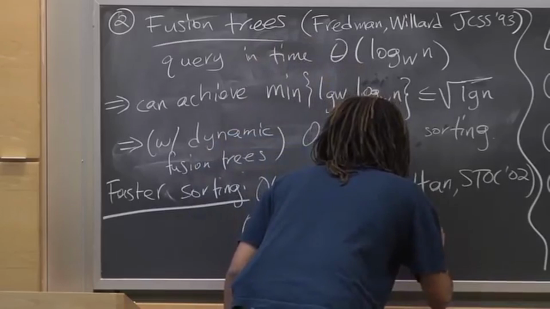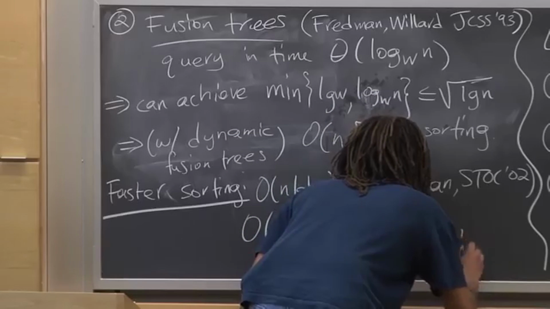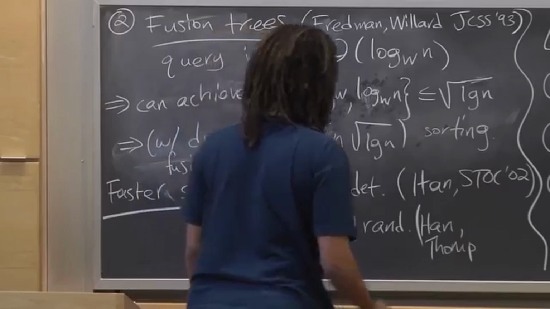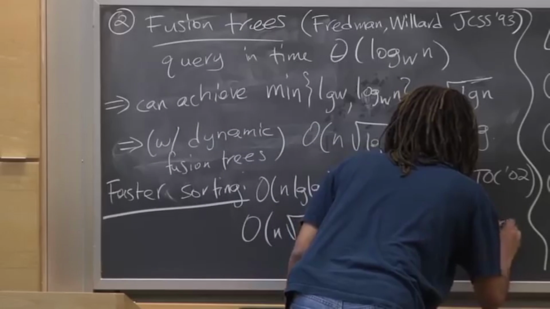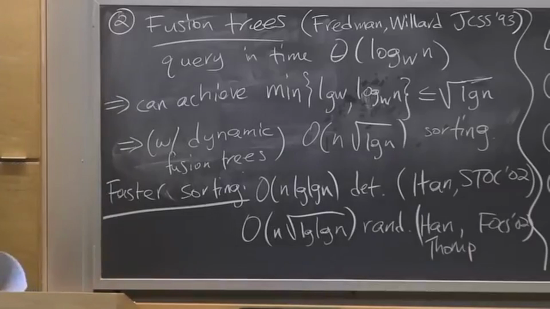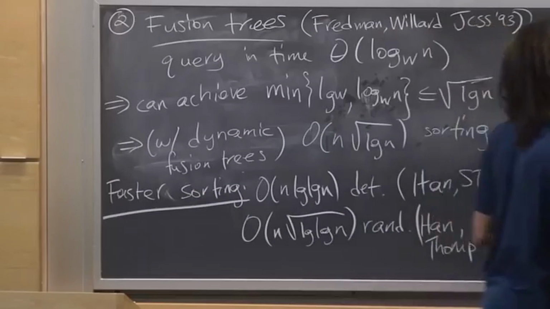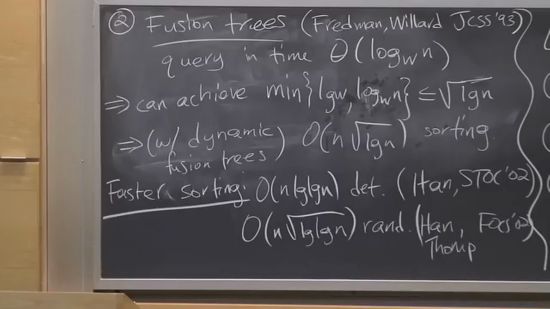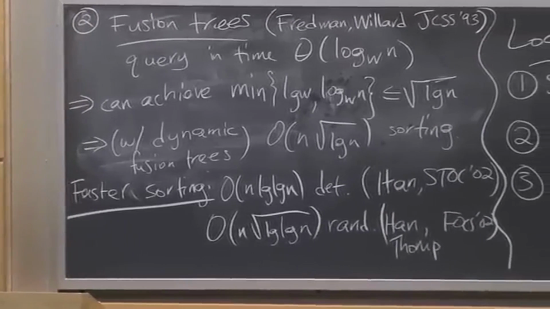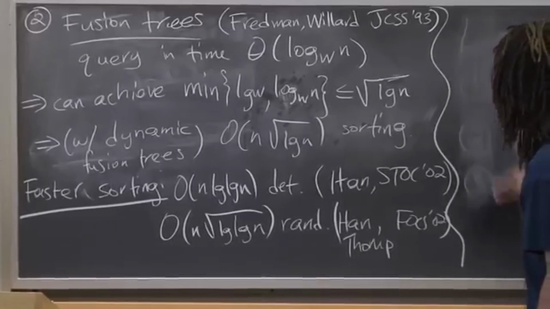This is due to Han and Thorup in FOCS 2002, which is about 5 months later. And it's an open question whether or not you can get a linear time sorting algorithm in this model. So it's possible. There's nothing saying that you can't do it.